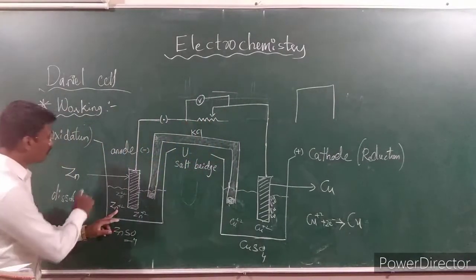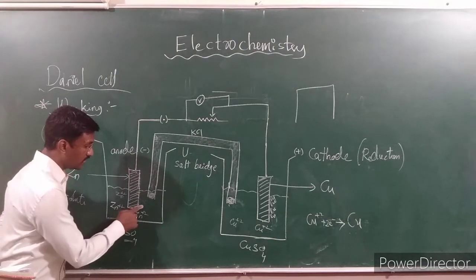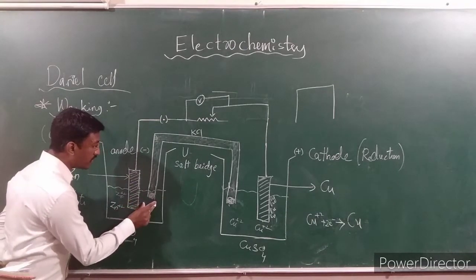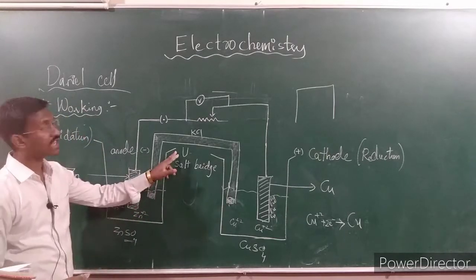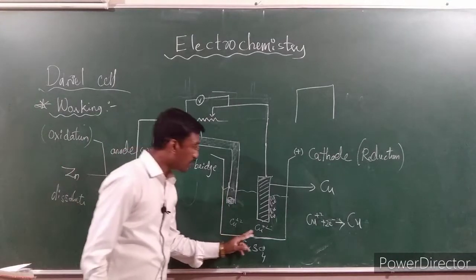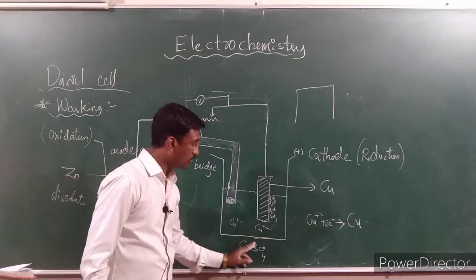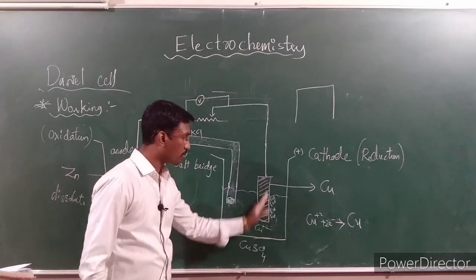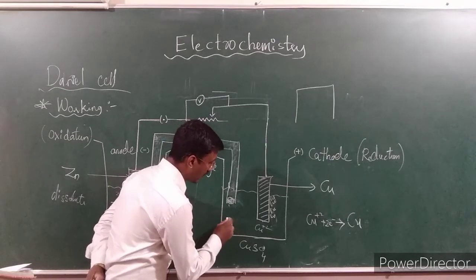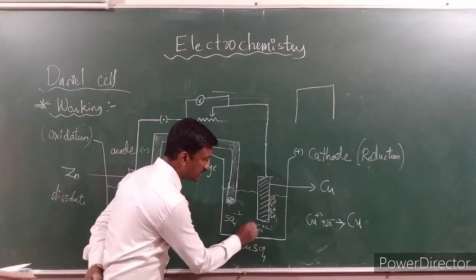Due to the dissolution of zinc, the number of cations increases here. That increased number of cations will be neutralized by the salt bridge. Similarly here, copper ions are deposited on the copper rod, so the number of copper ions decreases and the number of anions increases, isn't it?